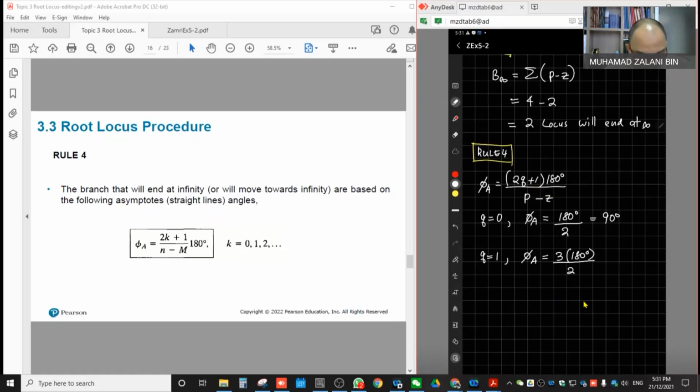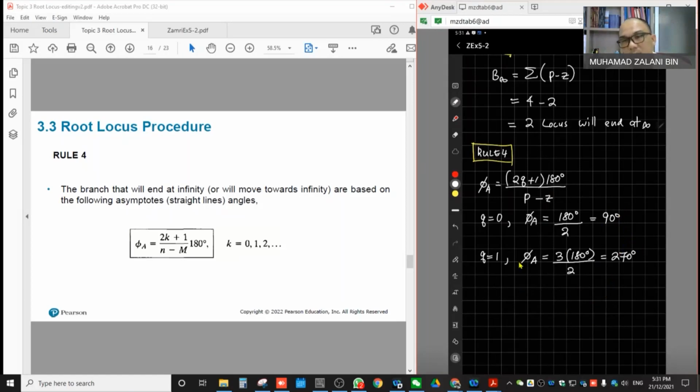So 540 divided by 2 is 270 degrees. We can continue with q equals 2, but we will end up with the same angle of 90 degrees. It will repeat, so we only need to determine those two angles.